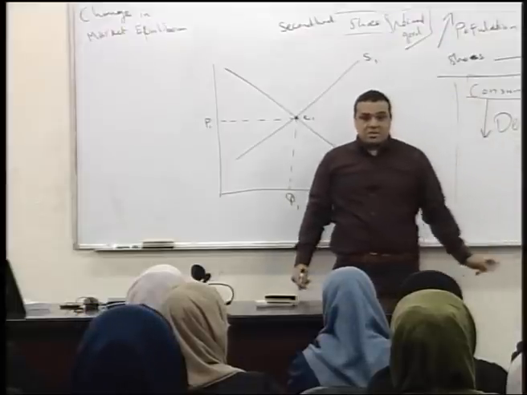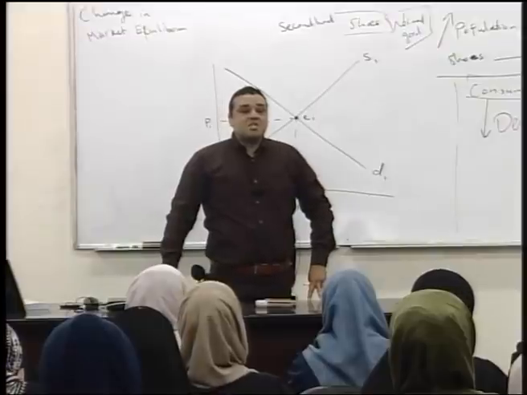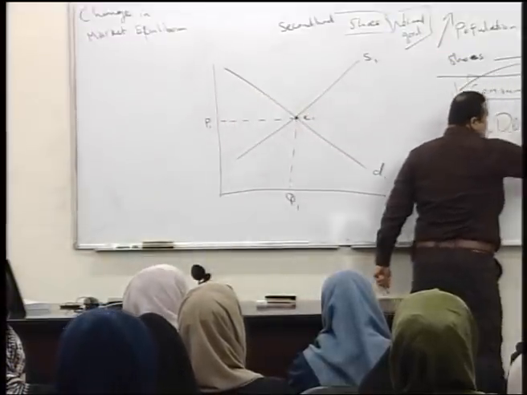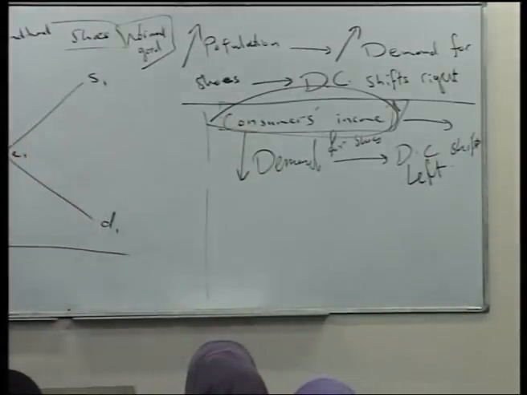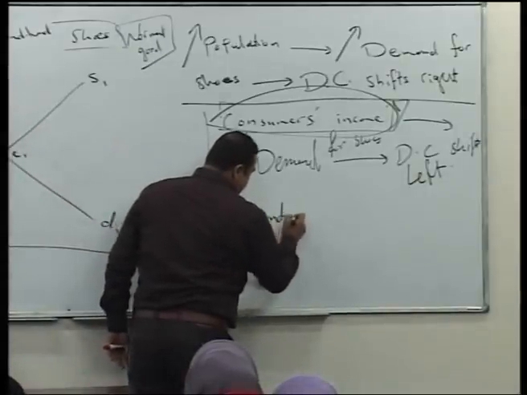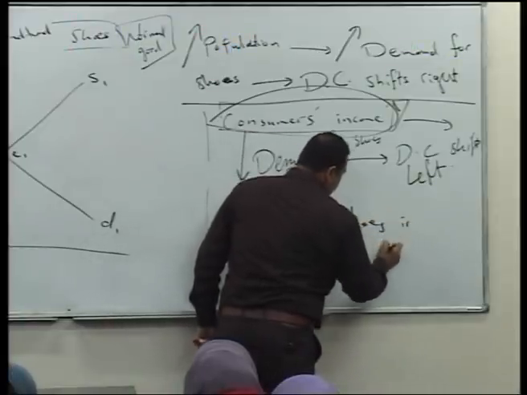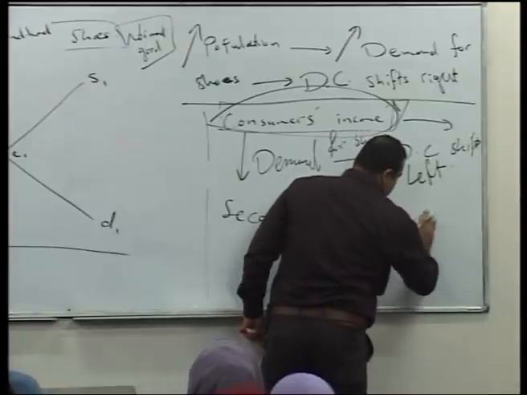Here we have a leftward shift of the demand curve because there is a negative relationship between the consumer's income and inferior goods. All right? Because the second-hand shoes here are an inferior good.